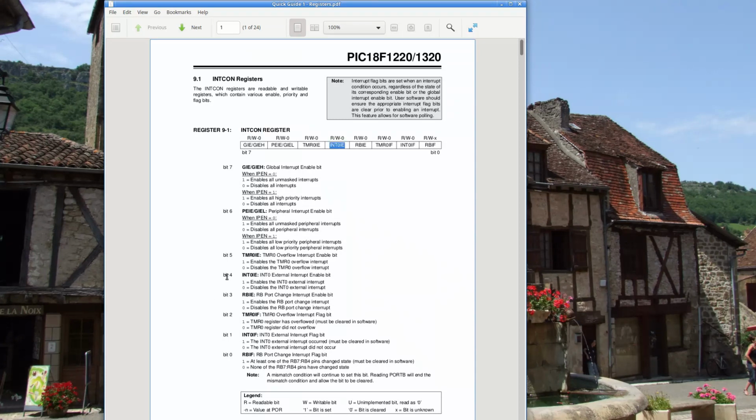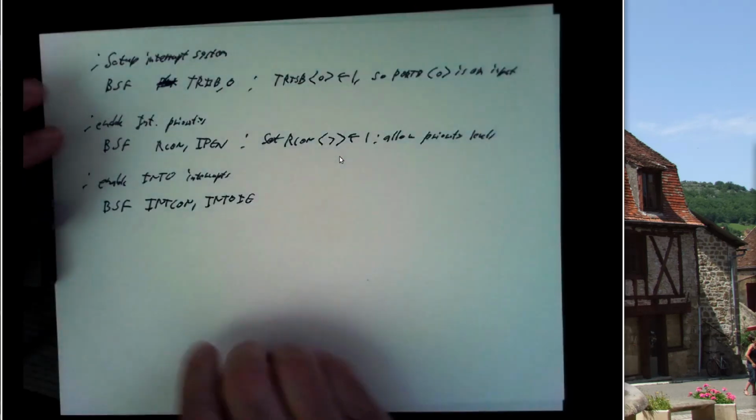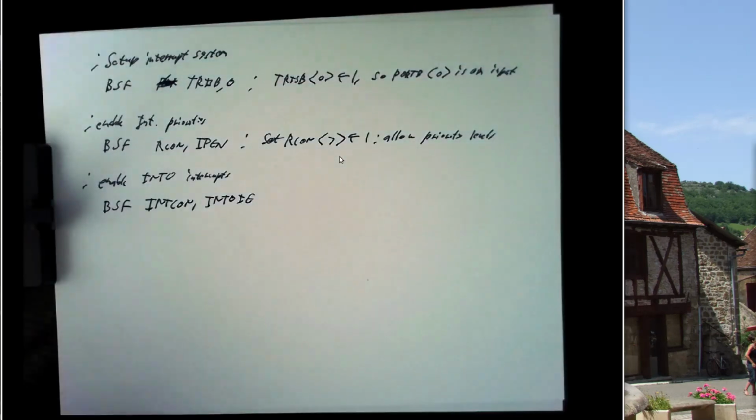But again, let's avoid magic numbers. Why is it a 4? Maybe it's supposed to be a 3 and I typoed. Let's call it int 0IE. And that include file will set int 0IE to be the number 4. So I'm going to say bit set file intcon, comma, int 0IE. So that enables those interrupts to happen.